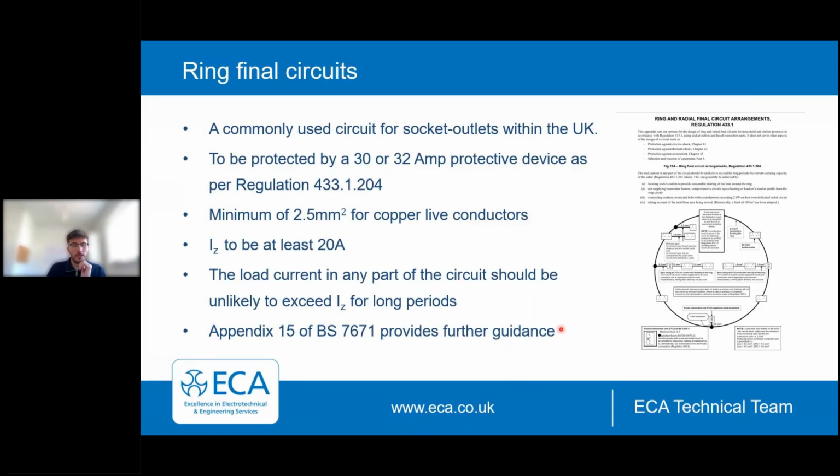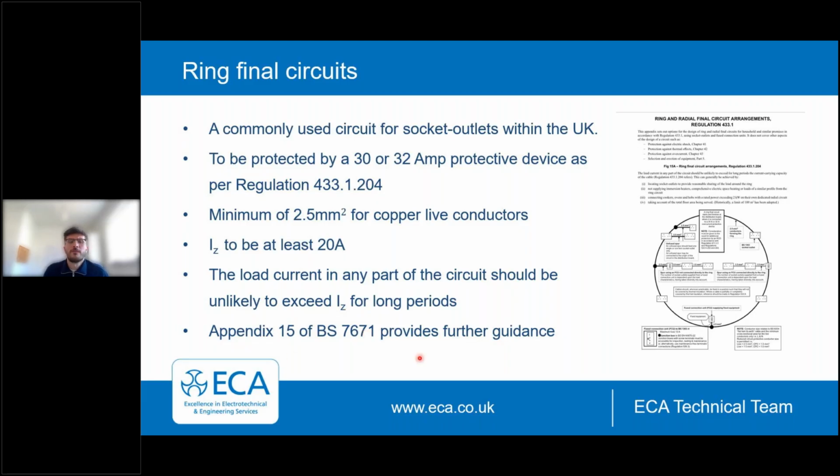Another requirement within this regulation, the load current in any part of the circuit should be unlikely to exceed the IZ value for long periods. So again, we see that term around long periods again. So essentially, we need to consider what the likely loads are going to be on the circuit and look to avoid the IZ values, the current capacity of the cables, being overloaded for sustained periods of time.